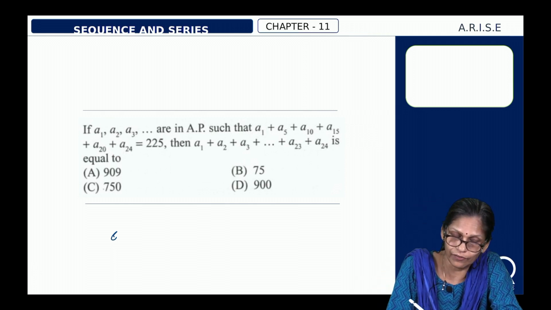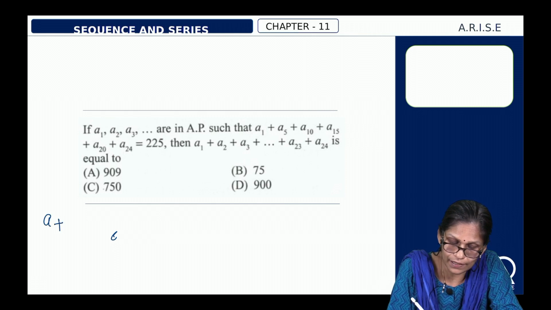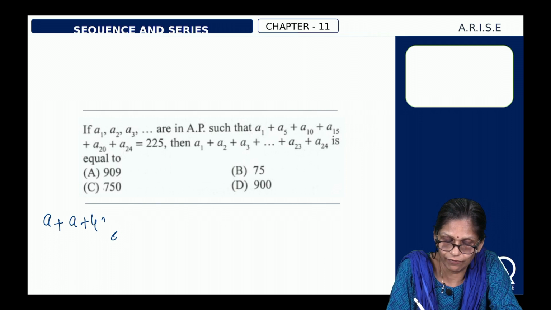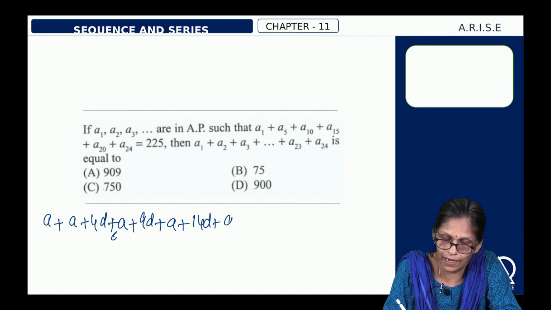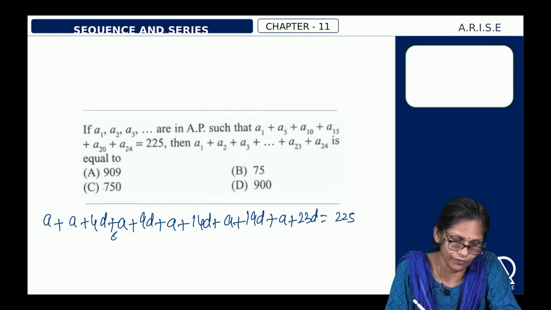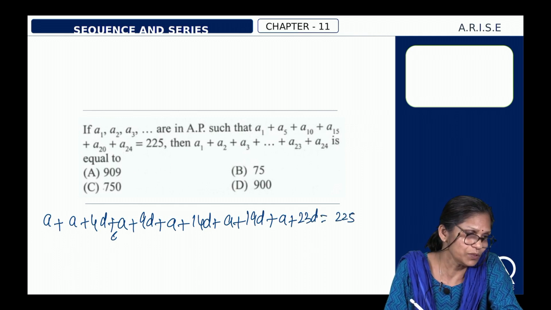What is given? A1 is A, A5 is A plus 4D, plus A plus 9D, plus A plus 14D, plus A plus 19D, plus A plus 23D. That is given to be 225. So, in other words, what is given?